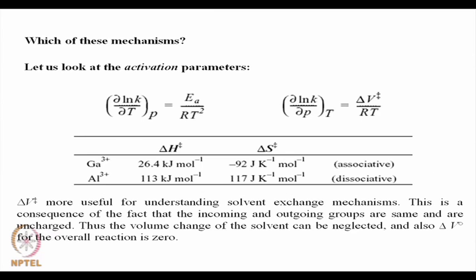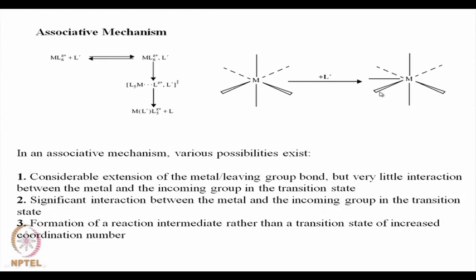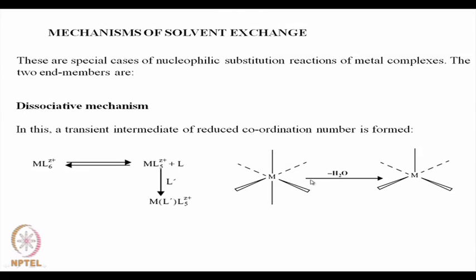Which of these mechanisms, how can we judge whether it is an associative mechanism or a dissociative mechanism? Now, again you see that in this case your water is lost.